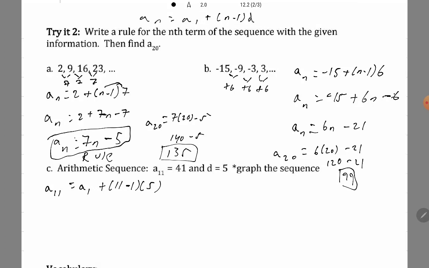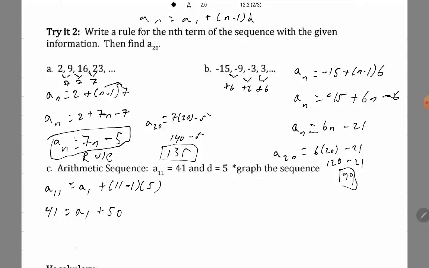I'm working backwards to find out what a sub 1 is, and then I can figure out my rule. We know a sub 11 is 41, which equals a1 plus 11 minus 1, which is 10, times 5 is 50.